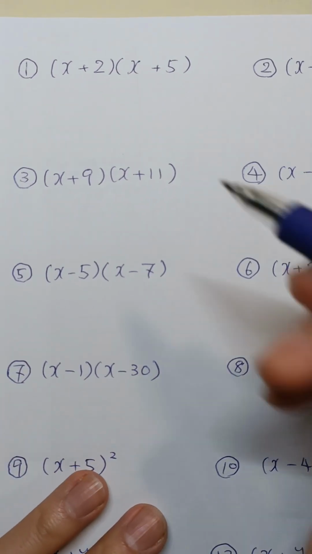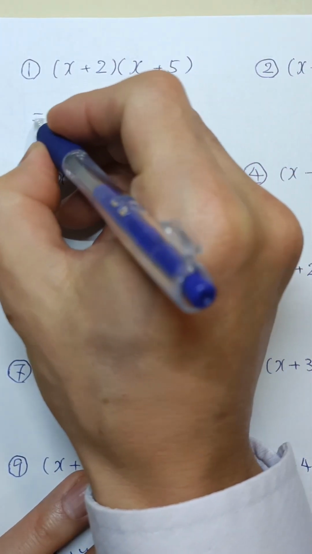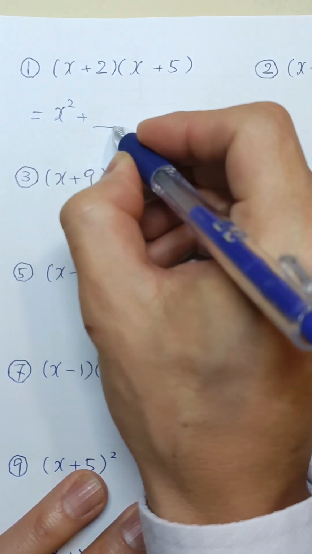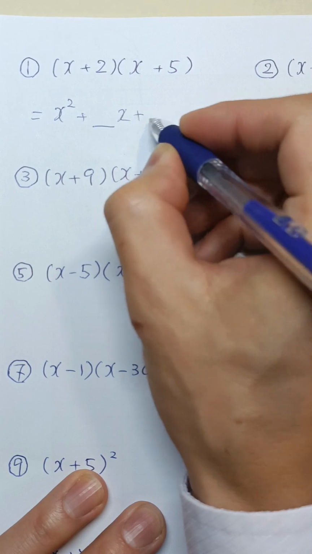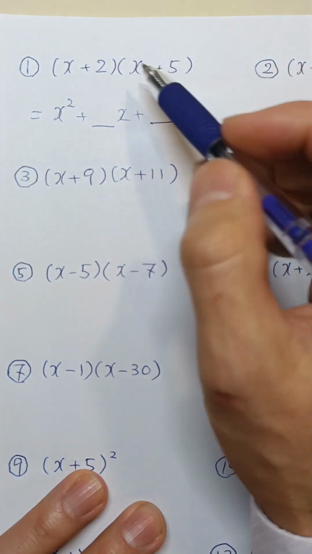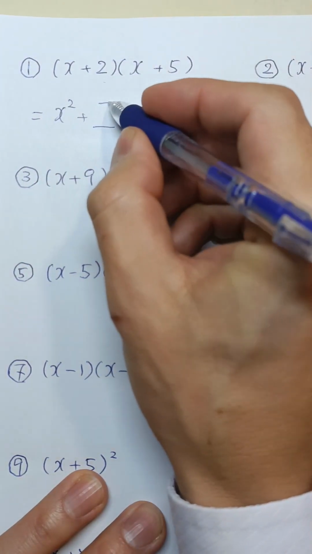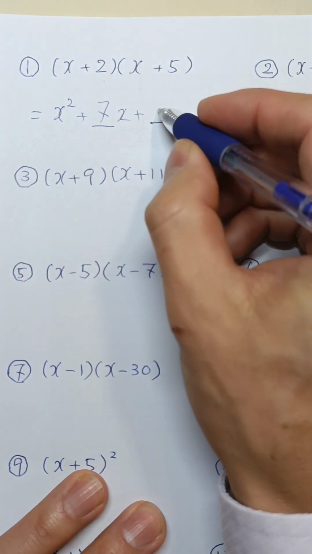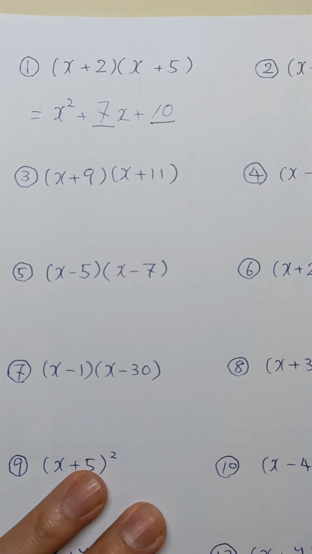First one. The answer is going to be x squared plus something x plus something. 2 plus 5 is 7. Then this one is a multiplication, isn't it? 2 times 5 is 10.